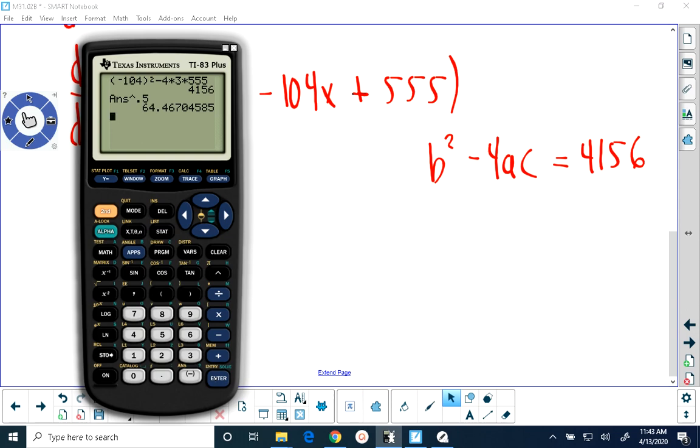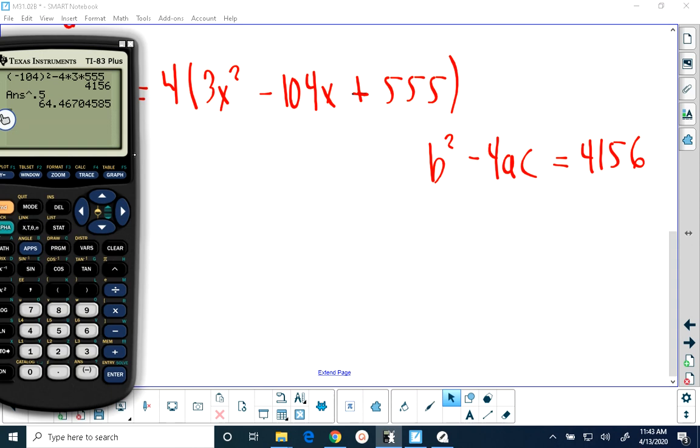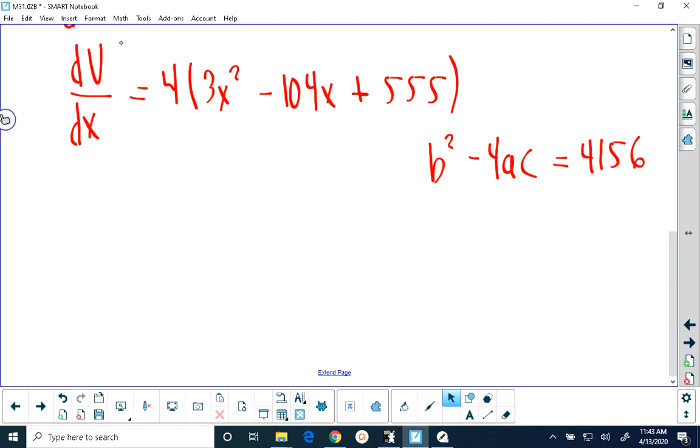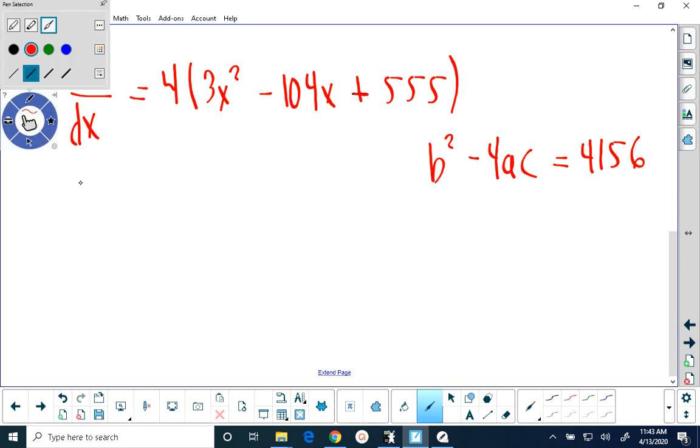It's not a perfect square, so this remaining piece that's quadratic in the brackets after we took the 4 out is not factorable, which means that we need to use the quadratic formula. x is going to be equal to negative b plus or minus root b squared minus 4ac, which we already have calculated.